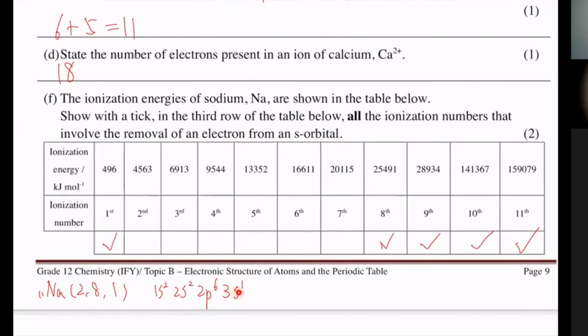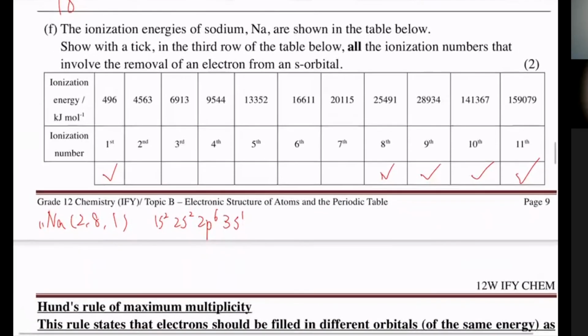It's from 3s, so we take the first box. The second one, this one, we're removing one from 2p. And then we remove the third one from 2p. So we remove from the highest energy level, so we get it backwards. I understand now.